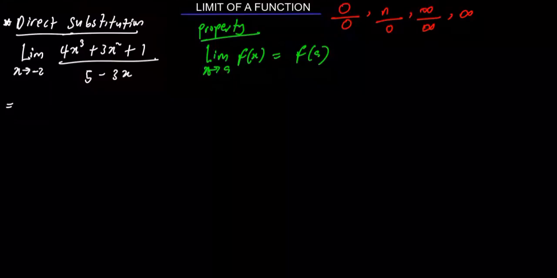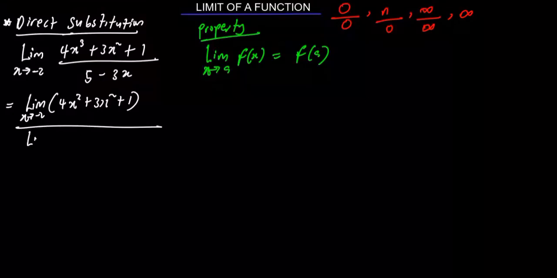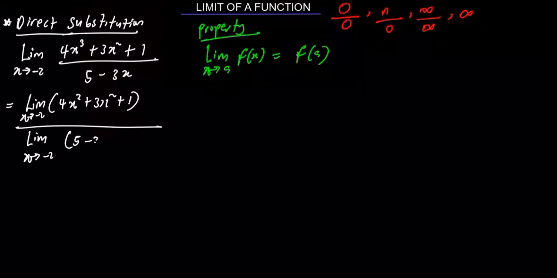It will be the same thing as me having the limit as x tends to minus 2 for the whole of the numerator, all over the limit as x tends to minus 2 for the whole of the denominator. You can see the property.